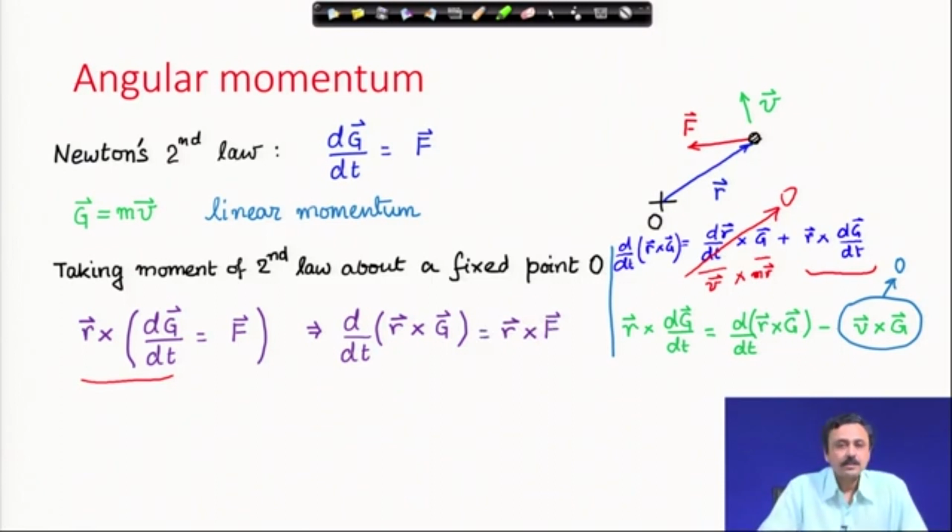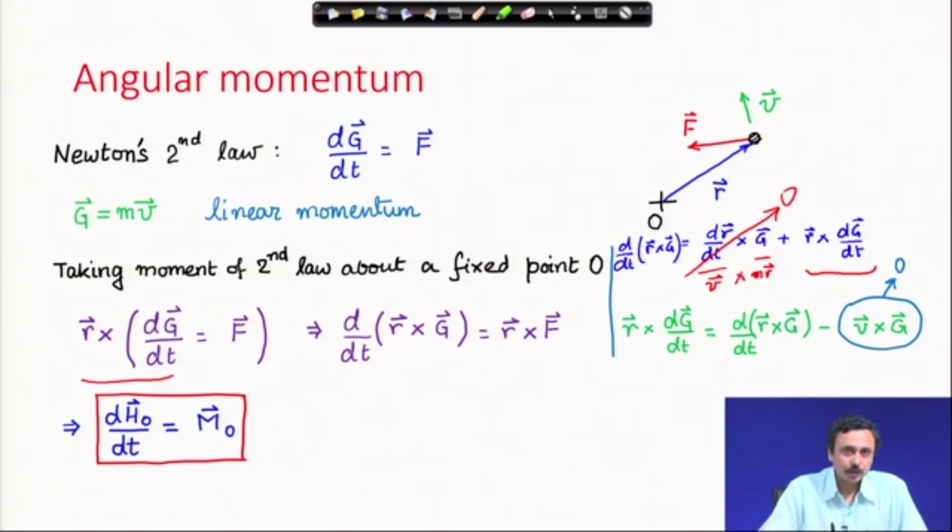Right hand side is plain r cross F, and you know what r cross F is? r cross F is the moment of the force. Therefore, we write d dt of H O is M O. What is H O? H O is the moment of the linear momentum about O. What is M O?